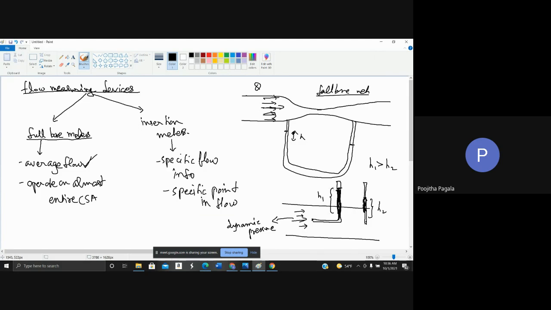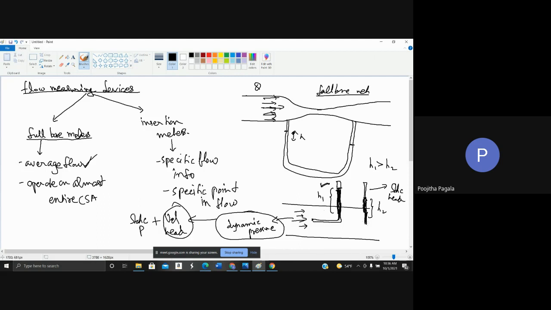Because the head which is being measured in this case is the dynamic pressure or the dynamic head, which means it includes the static pressure head along with velocity head. Whereas the pressure which is being measured over here, in this case, includes only the static head, and it does not include this velocity head.